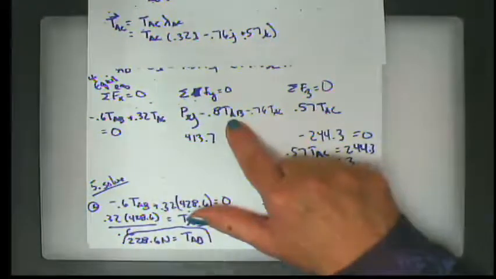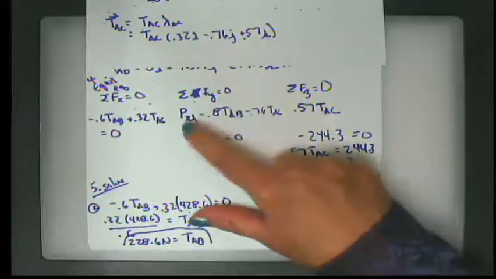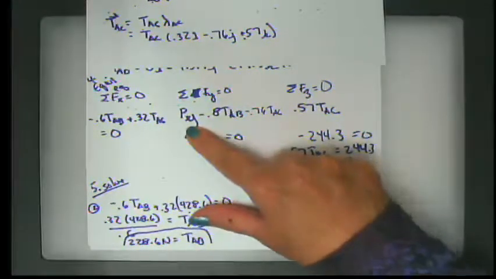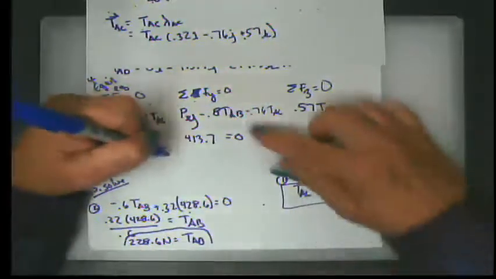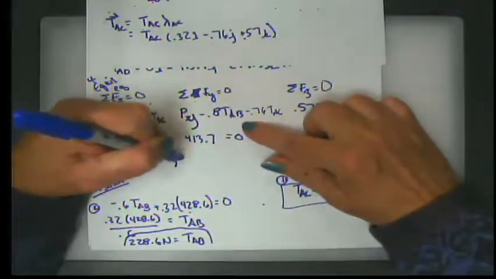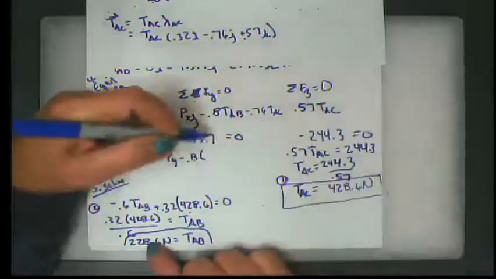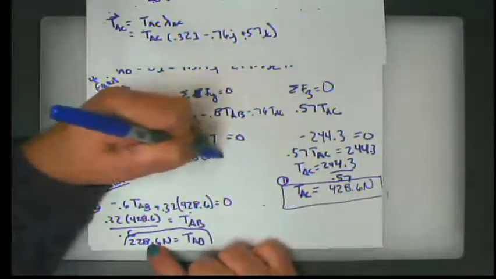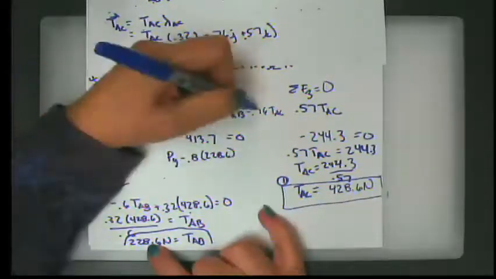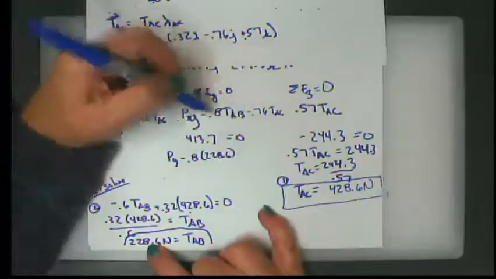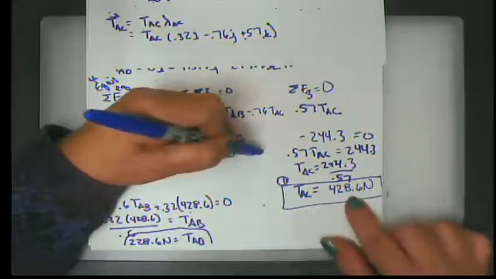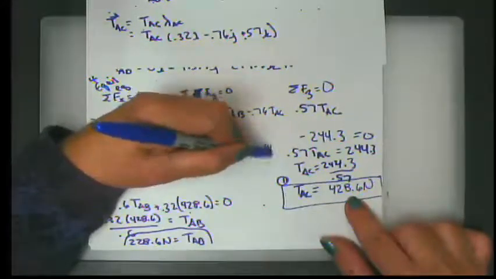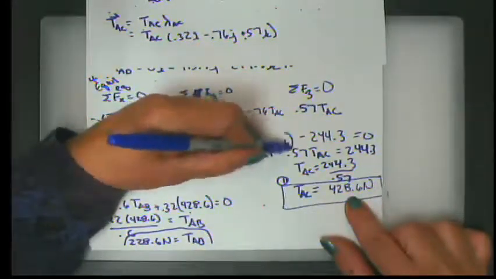Now I have TAB and TAC. So I can solve this for P of y, which is what I was interested in solving in the first place. So here I get Py minus 0.8 times TAB, which is 228.6, minus 0.76 times TAC, which is 428.6.